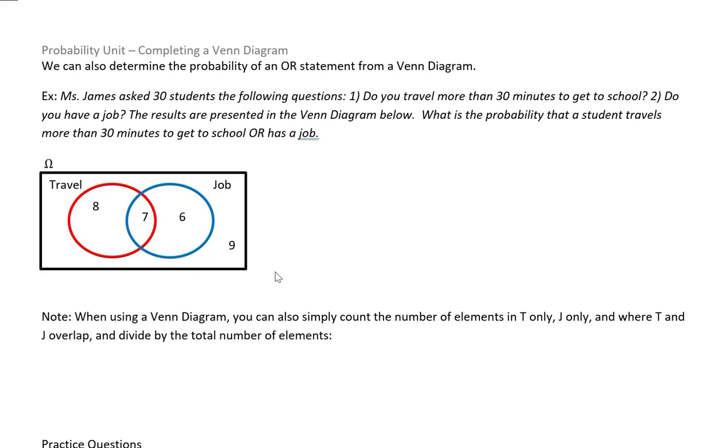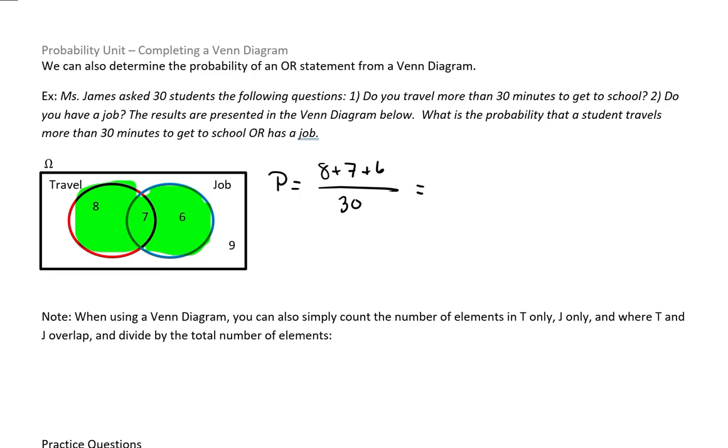So same setup as before, right? I've asked 30 students the same question, same Venn diagram. What's the probability that a student travels more than 30 minutes to get to school or has a job? Remember our or when we're looking at our Venn diagrams, it's the whole space. And so the probability is 8 plus 7 plus 6 over our total 8 plus 7 plus 6 plus 9.